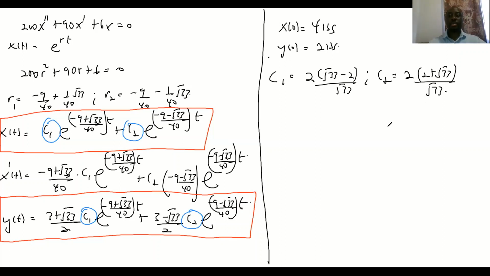And so that defines a particular solution for the two.